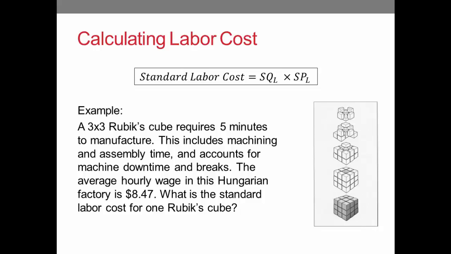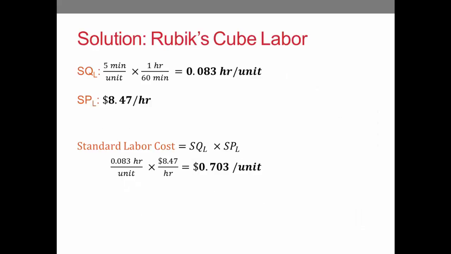You can see that the equation is up at the top, and it's very similar to the materials cost equation. So in order to solve this, we would take our standard quantity of labor, which is just 5 minutes per unit, and get an hourly quantity out of that, and that's just dividing by 60 minutes.